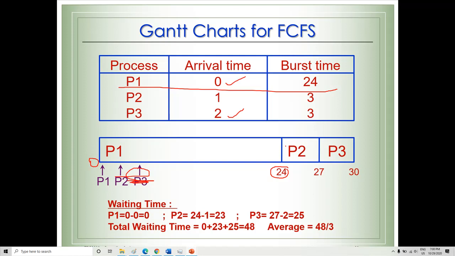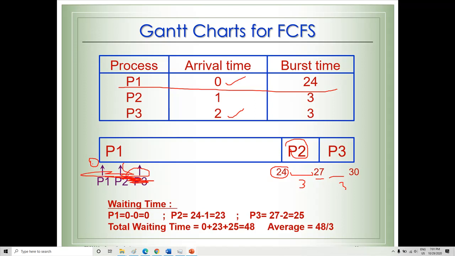Then after that, process 2 gets the CPU and uses it for 3 milliseconds, so 24 plus 3 is 27. Then process 3 gets the CPU, because its arrival time is 2, 27 plus 3 is 30. So this is the Gantt chart here.